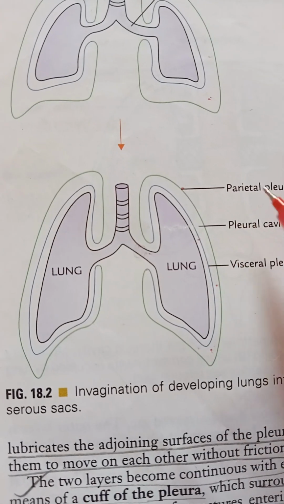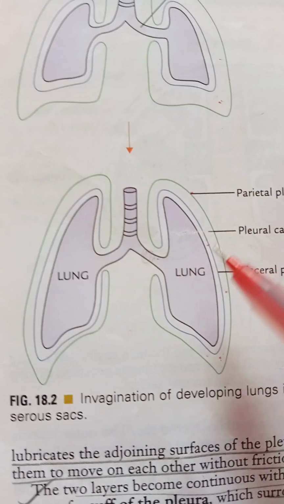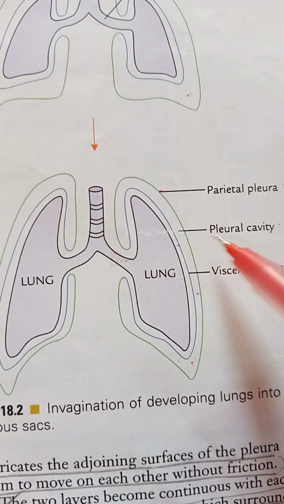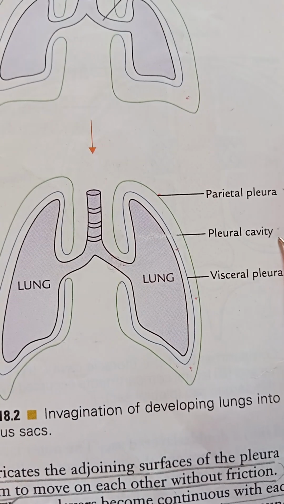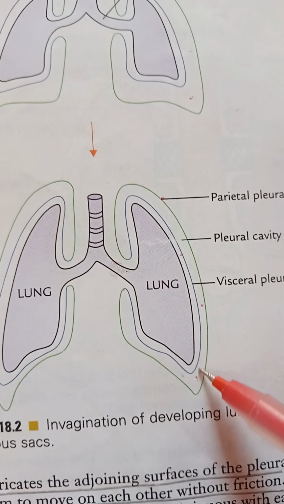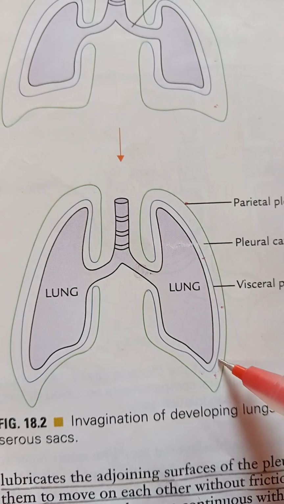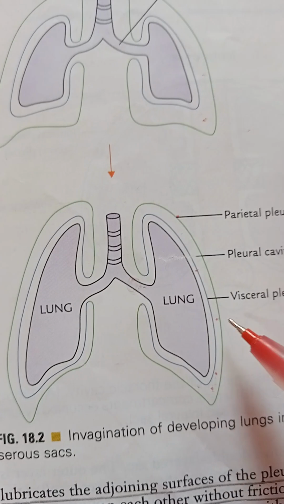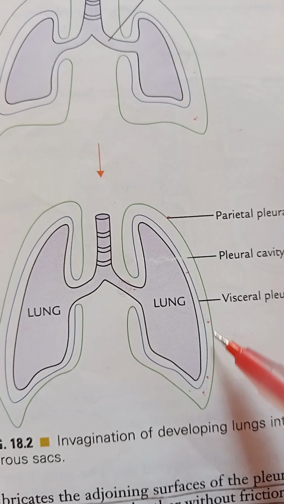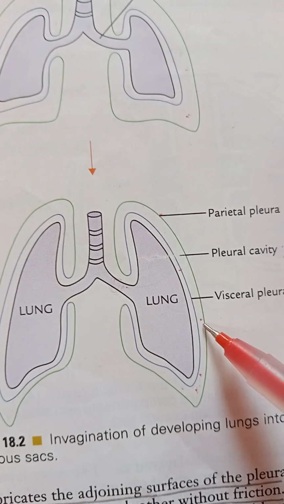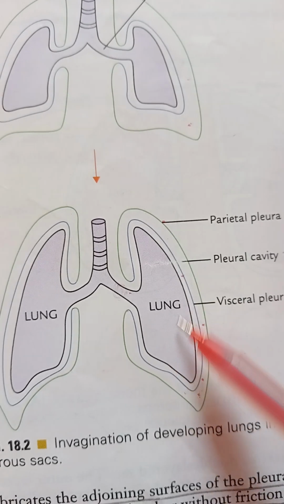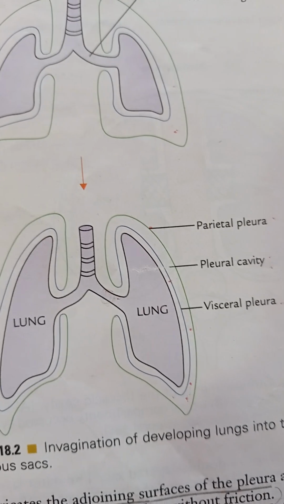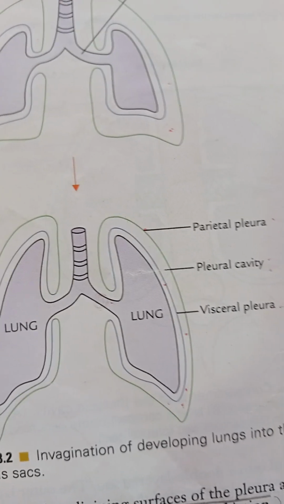And in between the two layers, the parietal layer and the visceral layer, there is a narrow space which is known as the pleural cavity. And this cavity has a little amount, that is 5 to 10 ml, of tissue fluid, which helps to lubricate in between these two layers during the movements of the lung during inspiration, and it prevents friction.